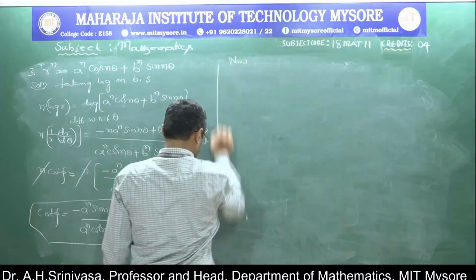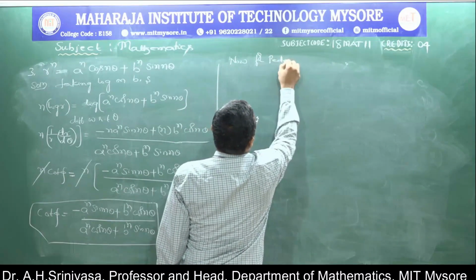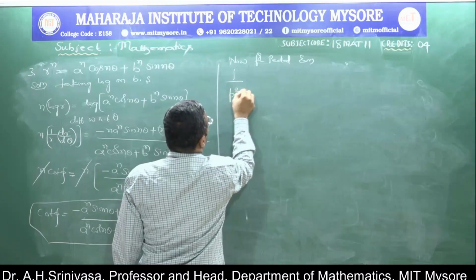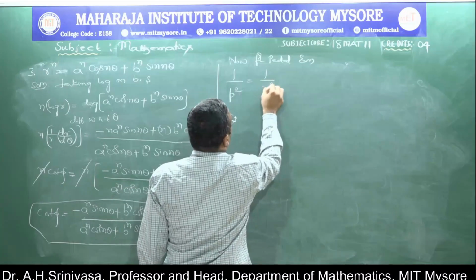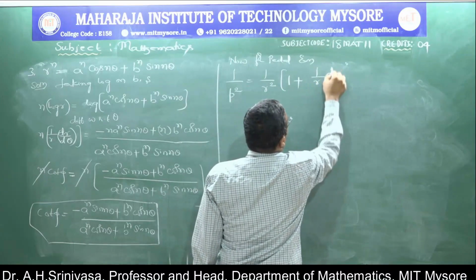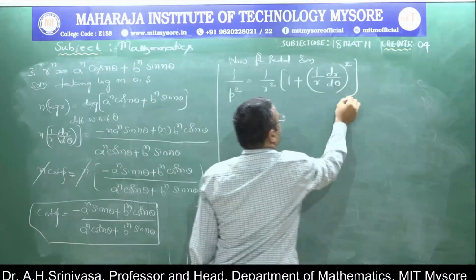Now, for the pedal equation, use this formula: 1 by p square equal to 1 by r square into 1 plus 1 by r dr by d theta whole square.